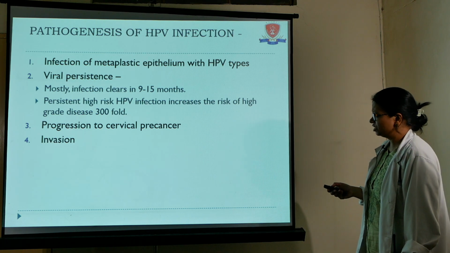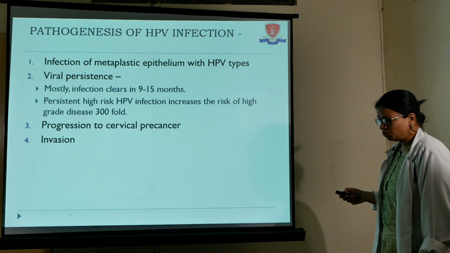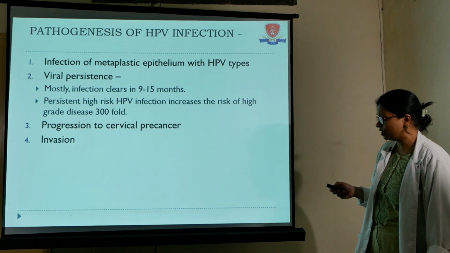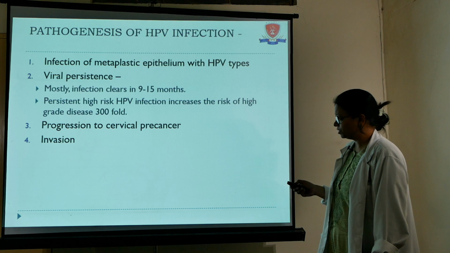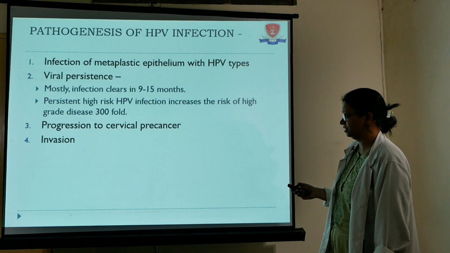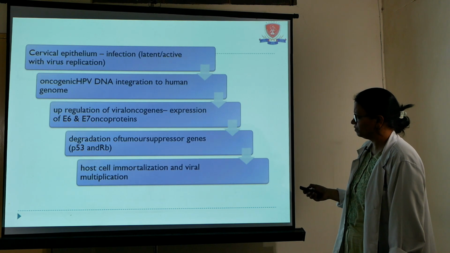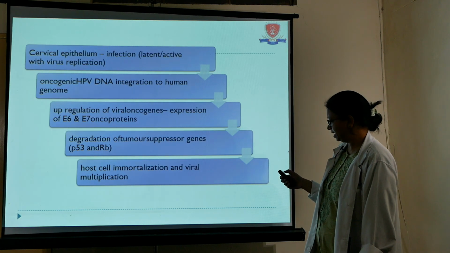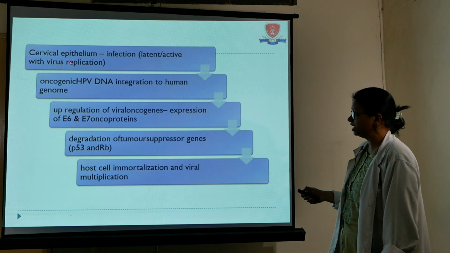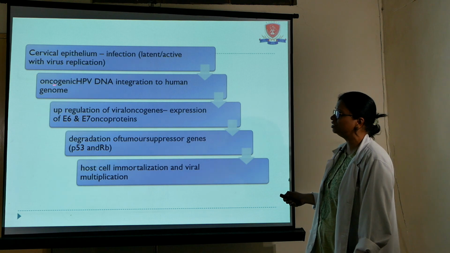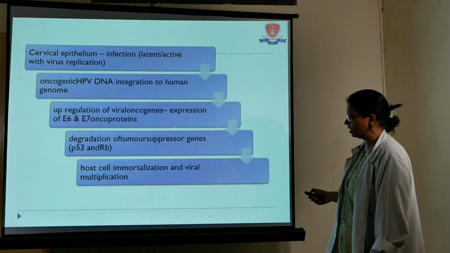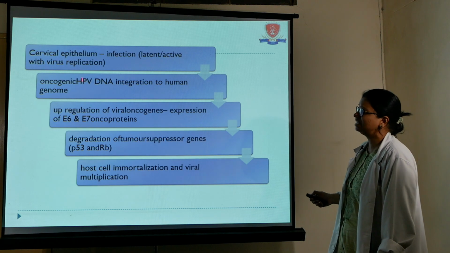Pathogenesis: infection occurs with HPV and mostly it gets cleared in around 2 years, but wherever the infection persists, it can lead to progression to cervical precancer and finally cancer, that is invasion. The cervical epithelium gets infected, latent or active with virus replication, but once this oncogenic HPV integrates into the human genome, in high-grade lesions, there is upregulation of the viral oncoproteins E6 and E7.